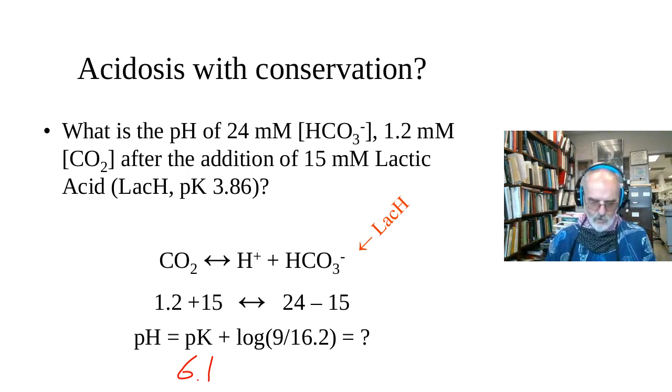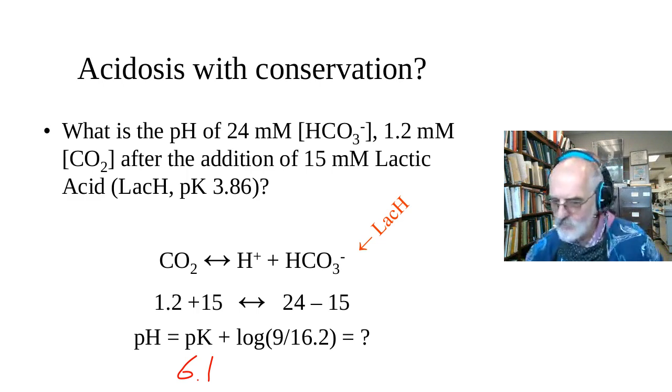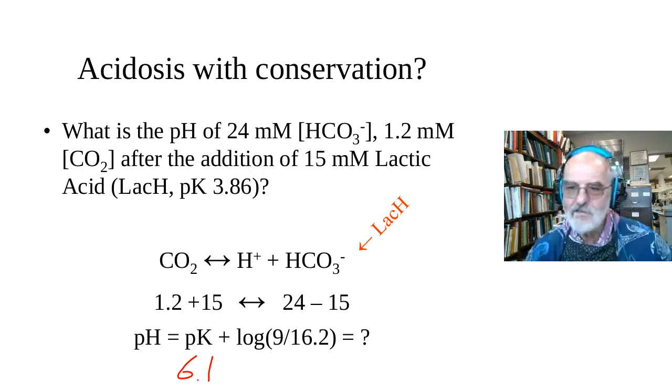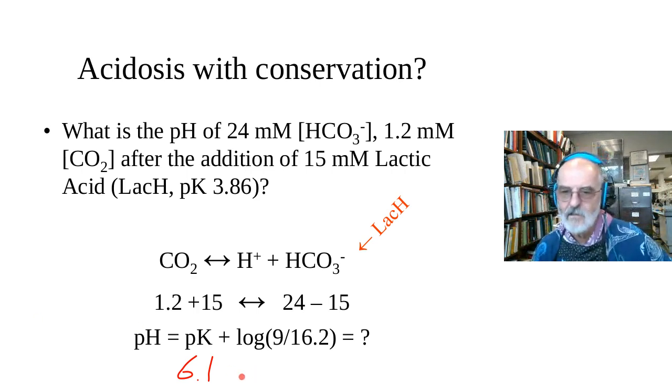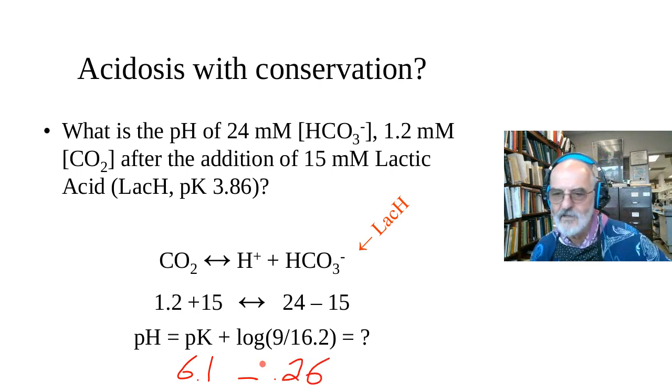If you quickly go into your calculators and take 9 divided by 16.2, and then take the logarithm of that, that's actually minus 0.25. So the pH actually goes down to something like 5.84.